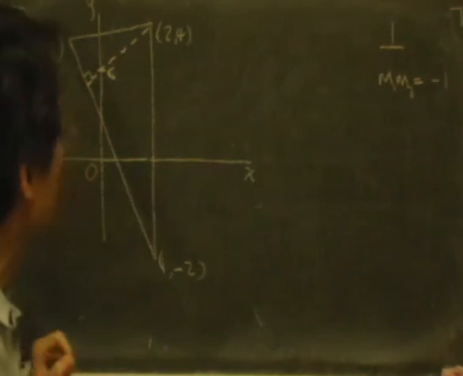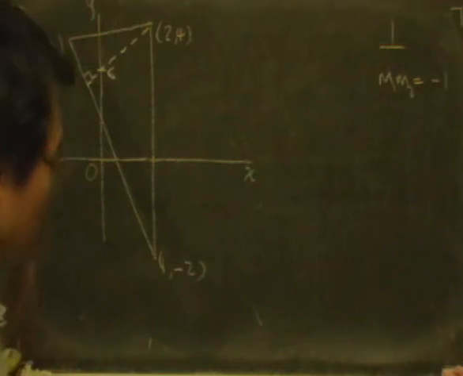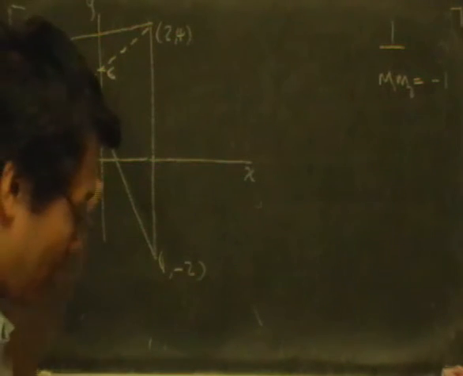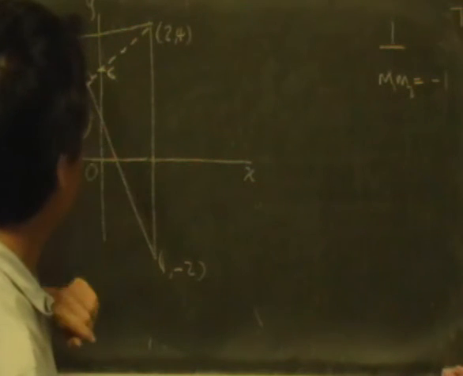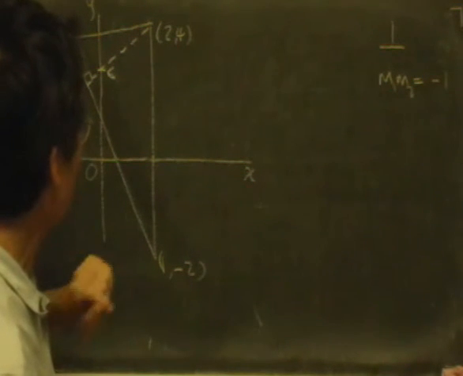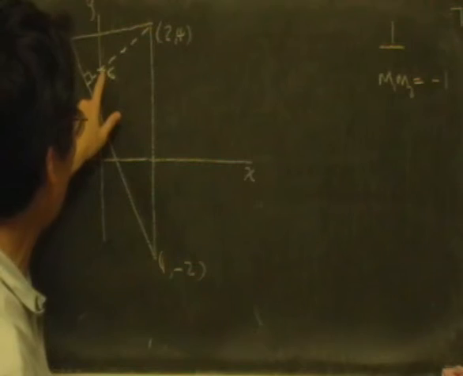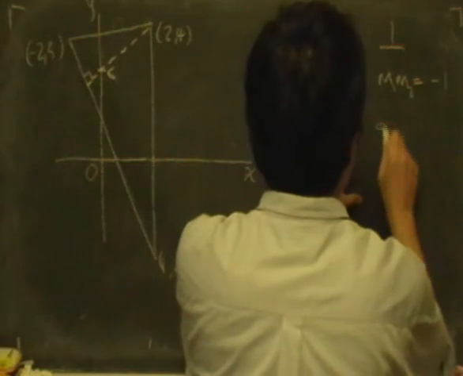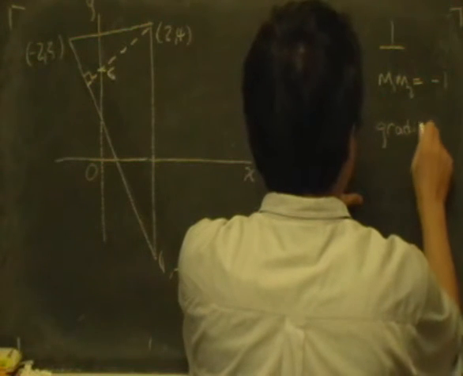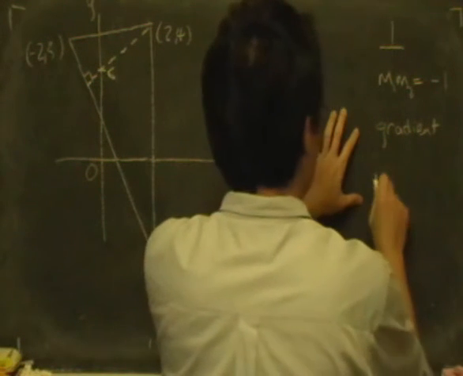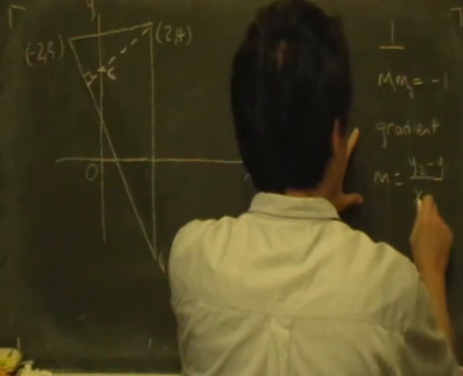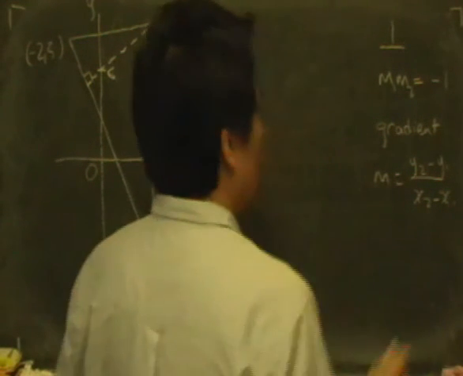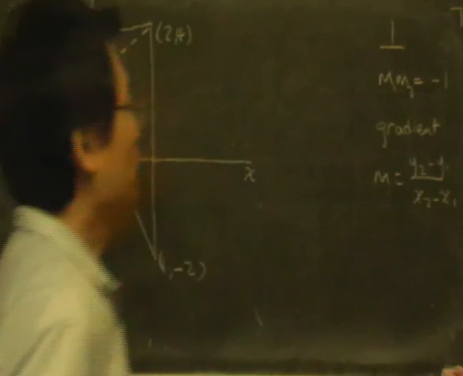We already know the gradient this time. So this means that we had the formula relating 2 points to a gradient. So perhaps we could use that formula to solve for that point. Write that down. Gradient formula is that.